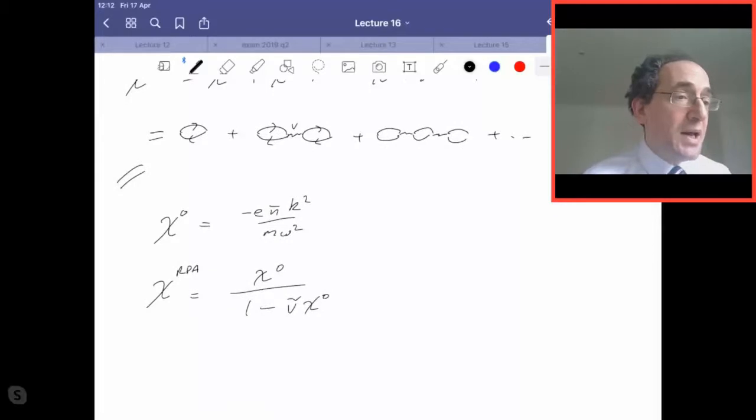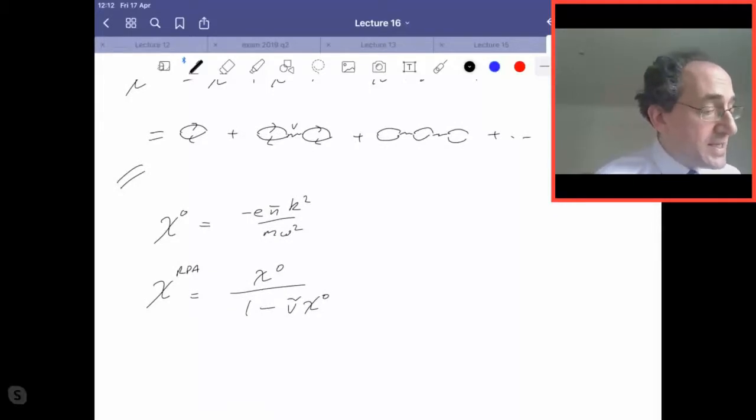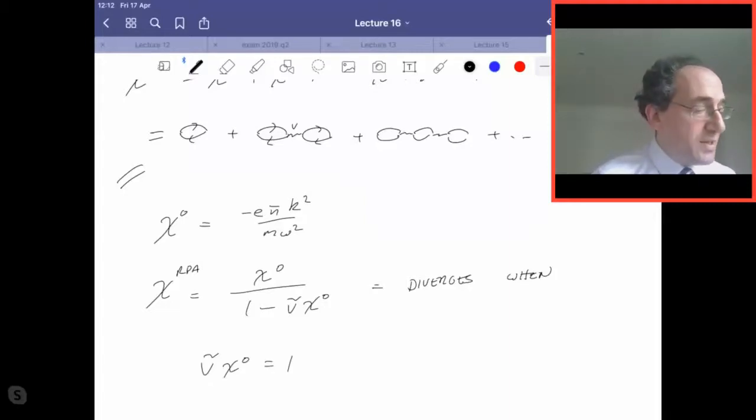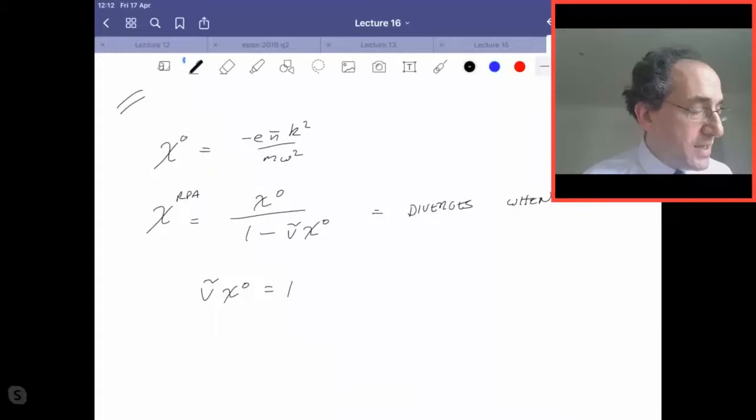What we derive from this is that this thing diverges when v twiddle chi naught equals 1. So let's figure out when that is. v twiddle is just e over epsilon naught k squared, and chi naught is e n bar k squared over m omega squared.